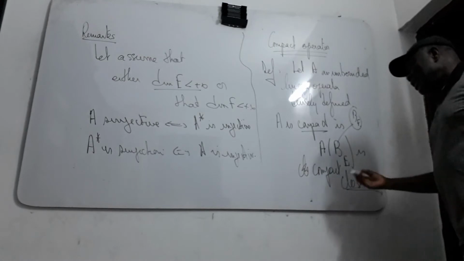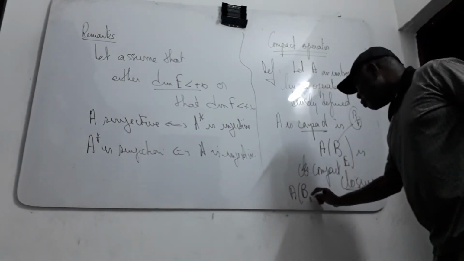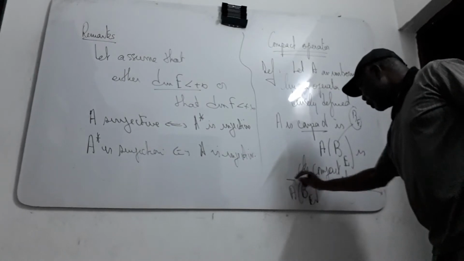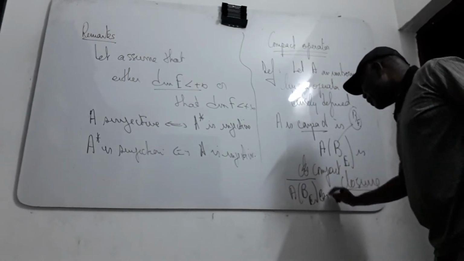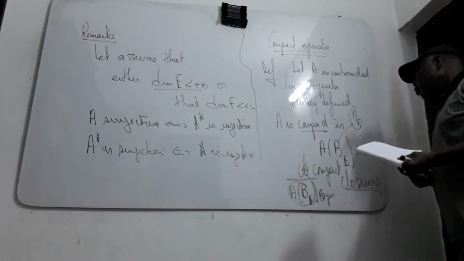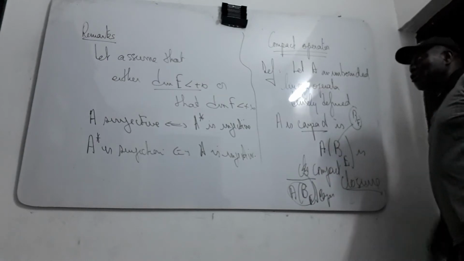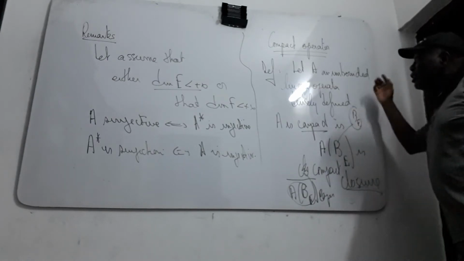That means that the closure of the image of the unit ball is compact. If this one has compact closure, we say that A, a linear bounded operator, is compact.